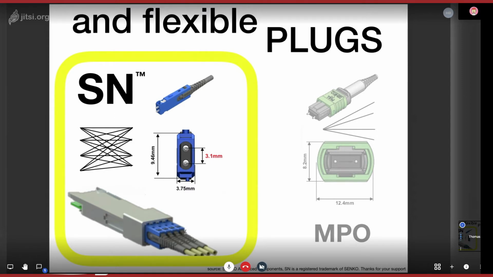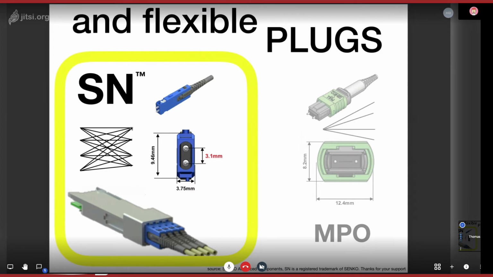So you can plug in either 1, 2, 3, or 4 of them, and you can even release a single piece. That will be a big advantage compared with an MPO, because when you look at today's installations doing breakout mode at 40 gigabit with 4 times 10 or at 100 gigabit with 4 times 25, when you unplug that MPO plug, all 4 lanes will go down.